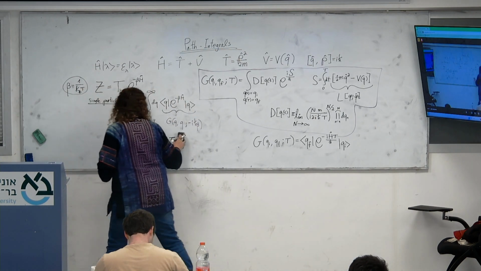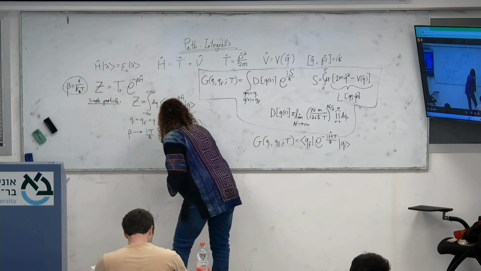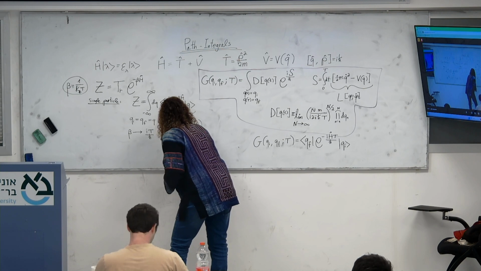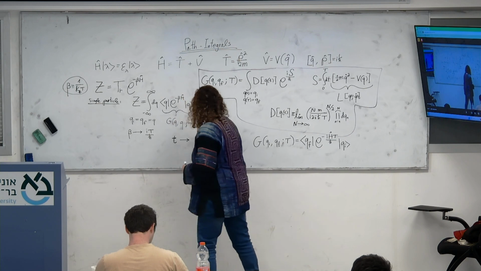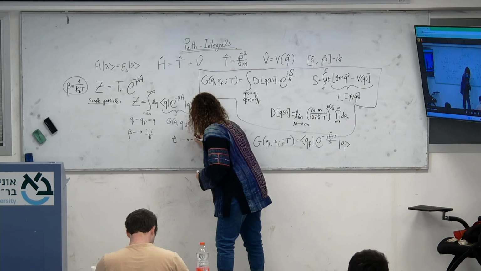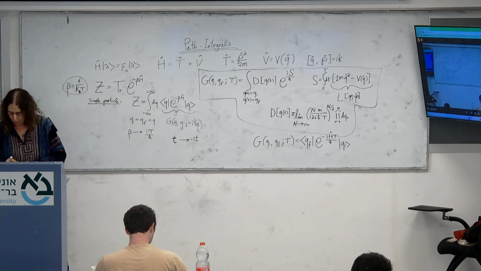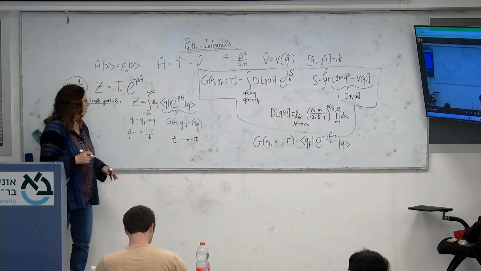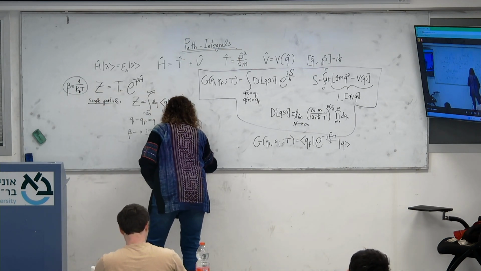Okay, it's actually a mapping, right? I map the time t to an imaginary variable, which is minus i times tau.